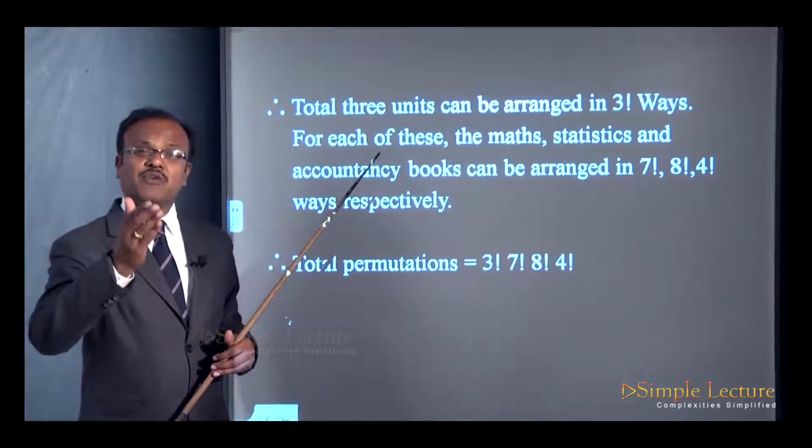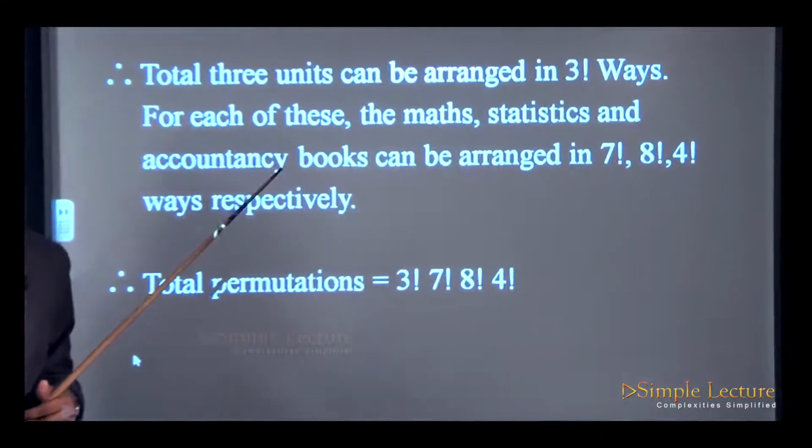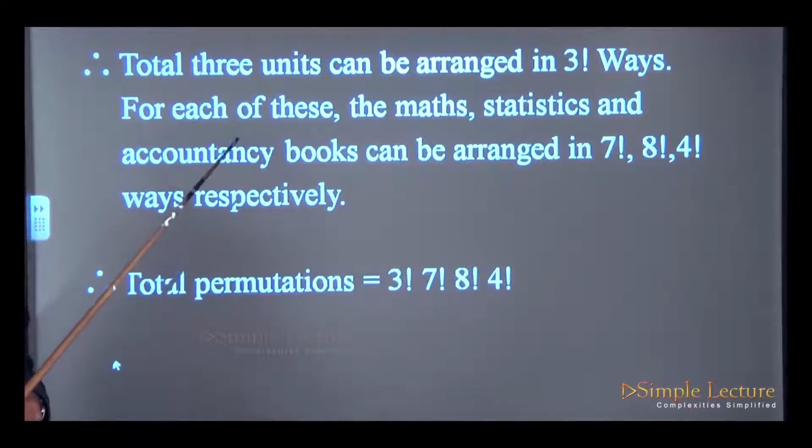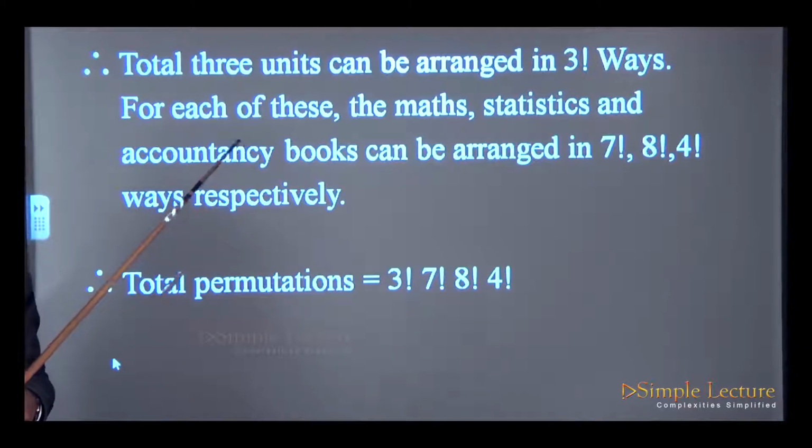Now, for each of these, in how many ways can the maths, stats and accountancy books be further arranged? There are 7 maths books. You are making them 1 unit, but it is not compulsory that you keep them in the same fashion.